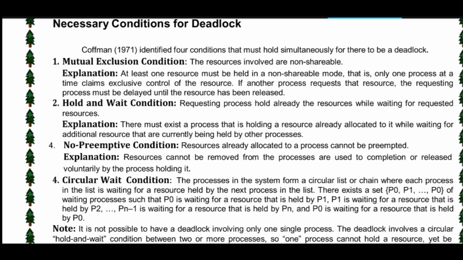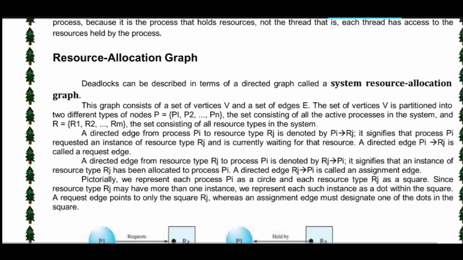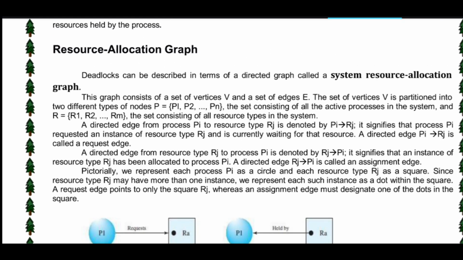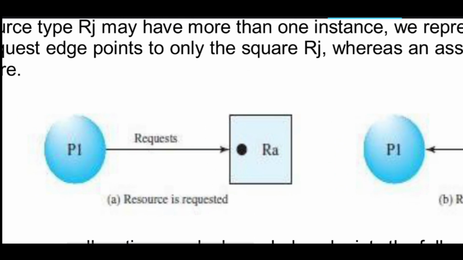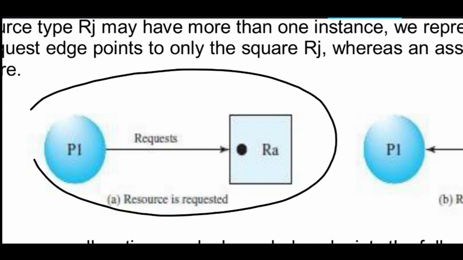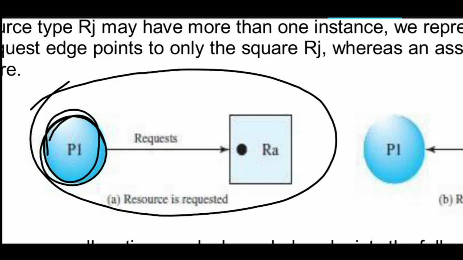Before discussing the conditions, let's move towards a graph. This is called a resource allocation graph. If a diagram looks like this, this is our process P1, and P1 is requesting our resource R. If the arrow mark is from the process towards the resource, then it is requesting.